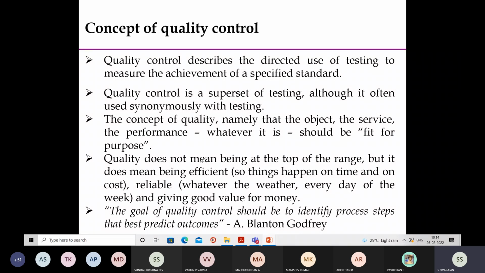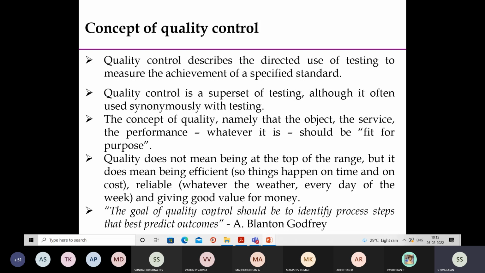For example, it does not always have to be exactly 25. There is a tolerance; it can be 25 plus or minus 0.01. The only thing is it should be efficient, things should be in time, it should be very reliable, and value for money should be there.